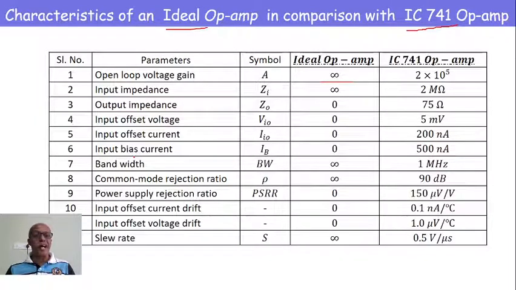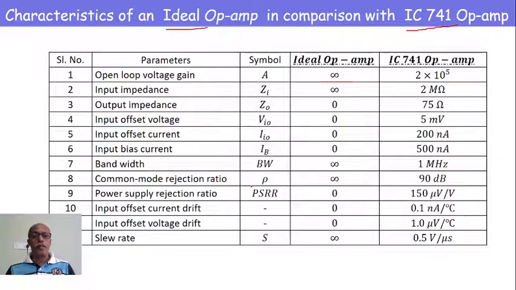The input bias current represented by the symbol IB, again its value should be 0 for the ideal one, but for IC 741 it is 500 nano ampere. Coming to the bandwidth, the ideal op-amp should have a bandwidth of infinite, but for IC 741 its value is 1 megahertz.